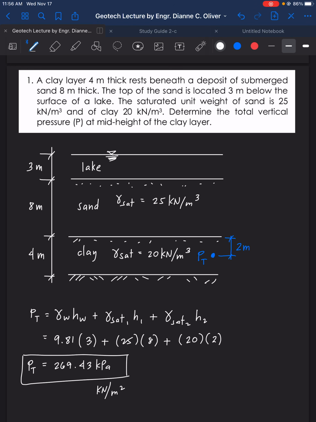Okay, so that's for number 1. So what we did is this layer first, the next is gamma sat here, and then gamma sat half here. So for P total.